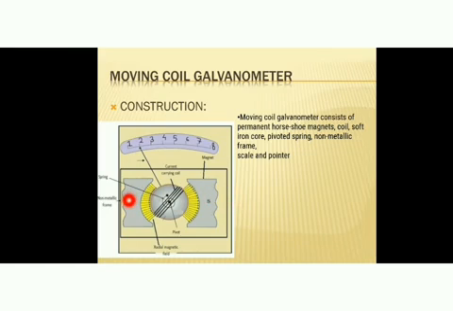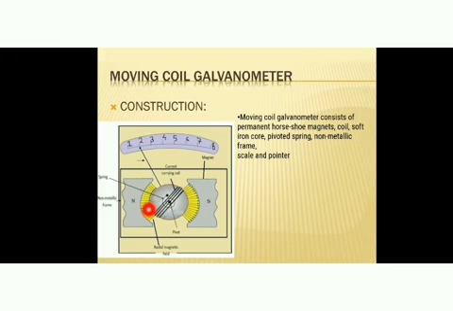The direction of the magnetic field is from north to south. Here you can see it is a concave shaped magnet. See, the faces or the surfaces of the magnet are concave shaped. This concave shaped magnet ensures a radial magnetic field. And what is the importance of this radial magnetic field?